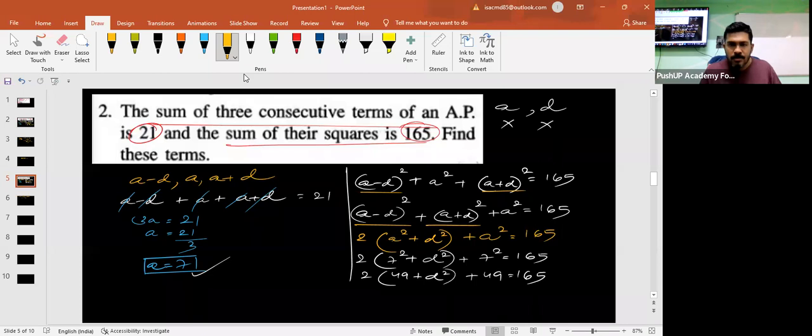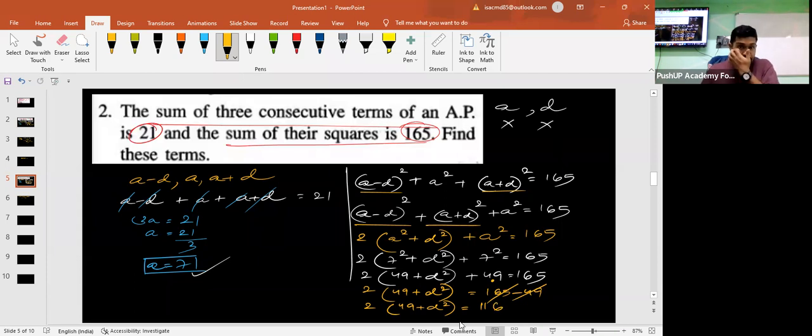Let's bring this 49 from the left to the right hand side. It becomes 165 minus 49. What is 165 minus 49? 116.